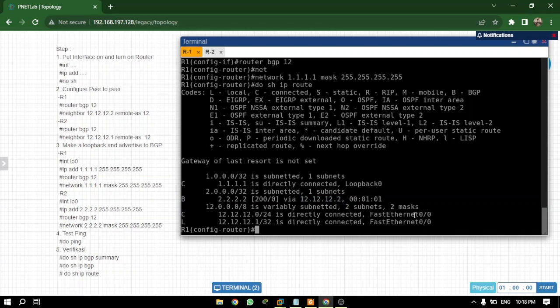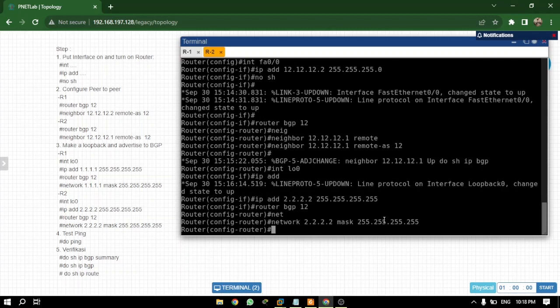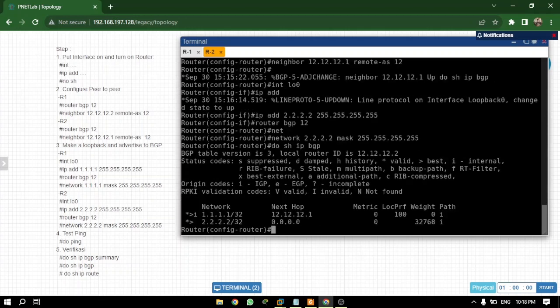So we can test it, ping 2.2.2.2. Okay, 100%. So the next is show ip bgp. Okay, the basic BGP routing is done. Let's move to other configurations of BGP.